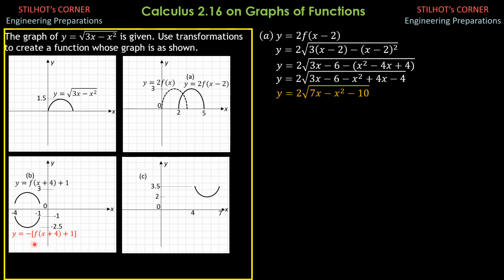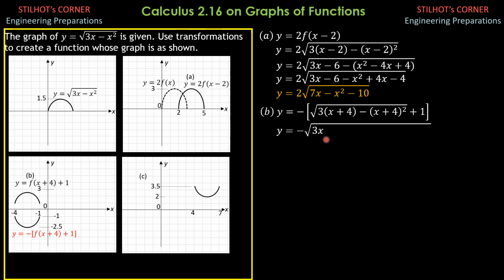So negative of quantity f of x plus 4 plus 1. So replacing x by x plus 4, y equals negative of square root of quantity 3 of quantity x plus 4 minus quantity x plus 4 squared, then plus 1. So y equals negative of square root of 3x plus 12 minus quantity x squared plus 8x plus 16, then minus 1. So negative of positive 1 is negative 1.